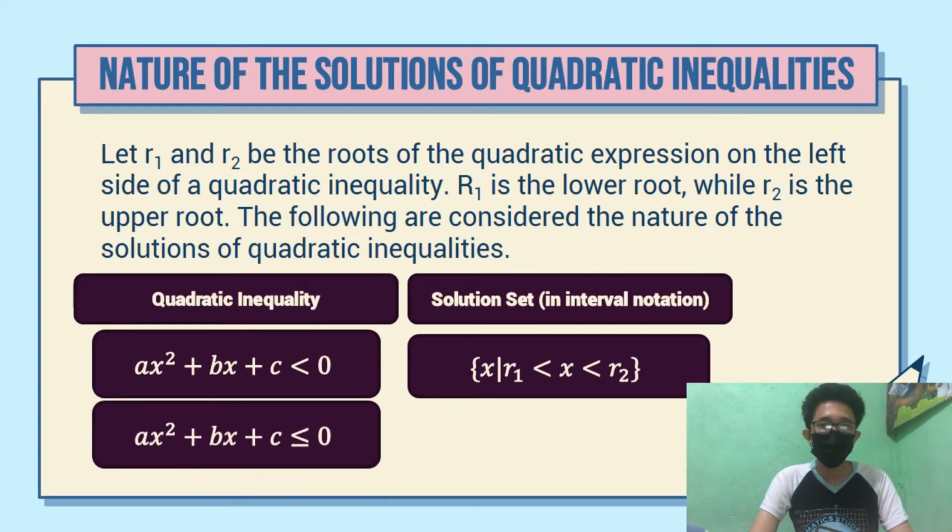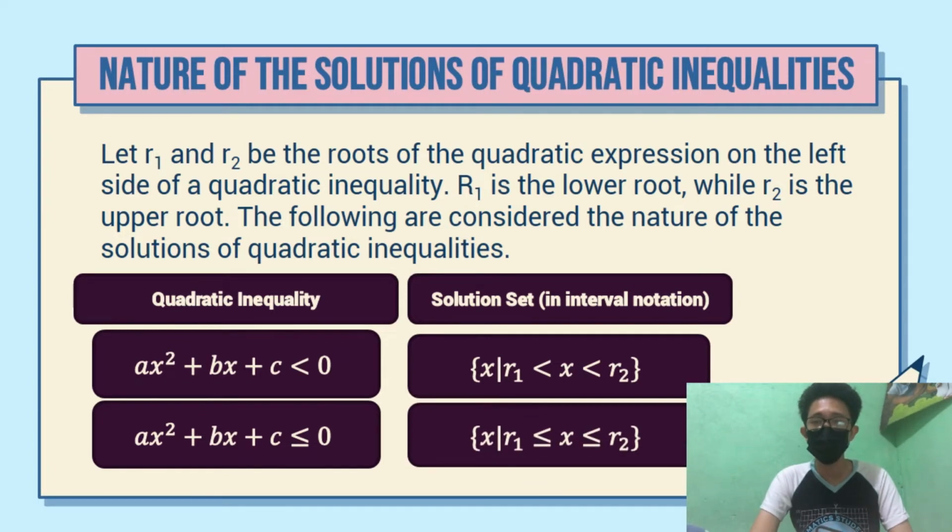For ax squared plus bx plus c is less than or equal to 0, the solution set will be x such that r sub 1 is less than or equal to x less than or equal to r sub 2. Same difference as we saw in our first and second condition: the presence of the equal sign makes the solution set of the fourth condition differ from the third.